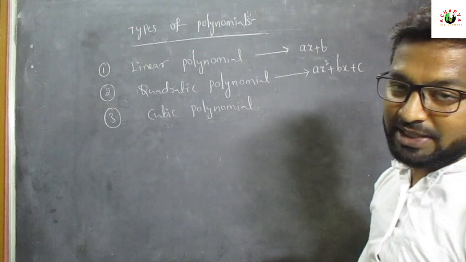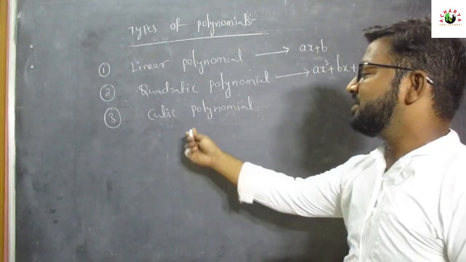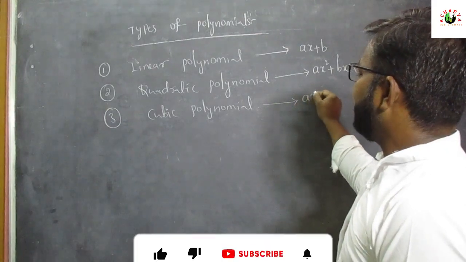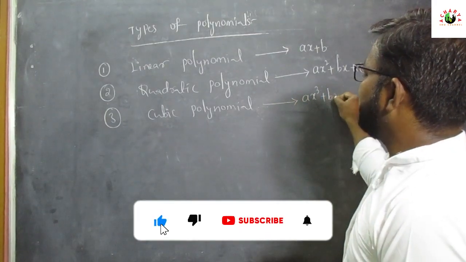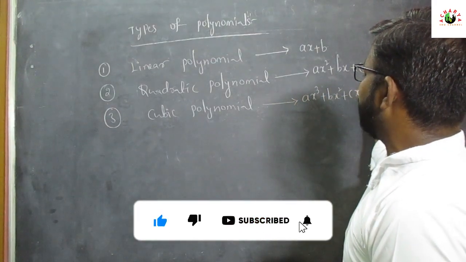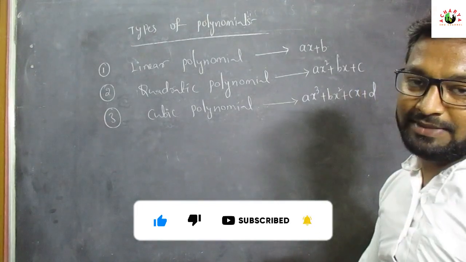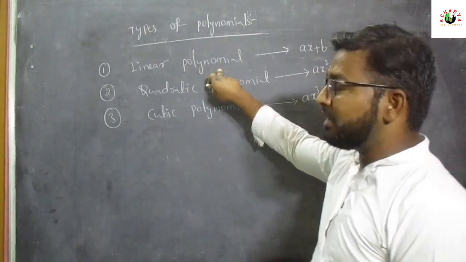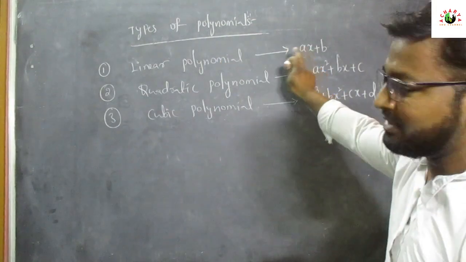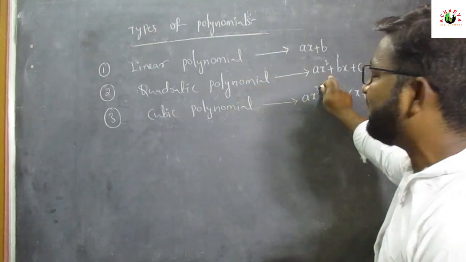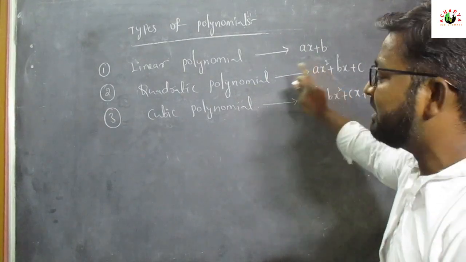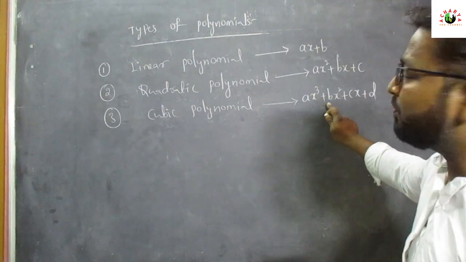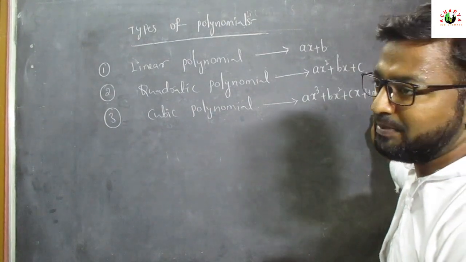The general form of a cubic polynomial is ax cube plus bx square plus cx plus d. So the general form of linear is ax plus b, quadratic is ax square plus bx plus c, and cubic is ax cube plus bx square plus cx plus d.